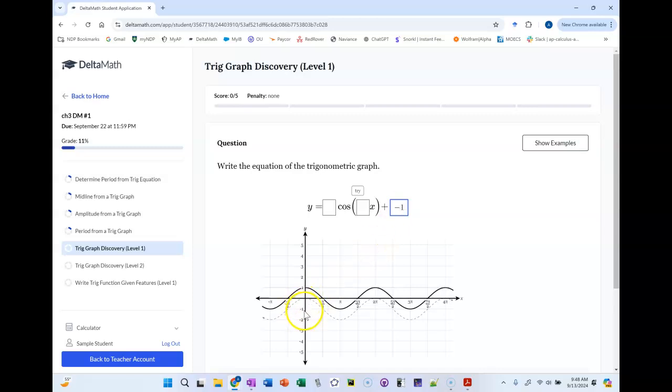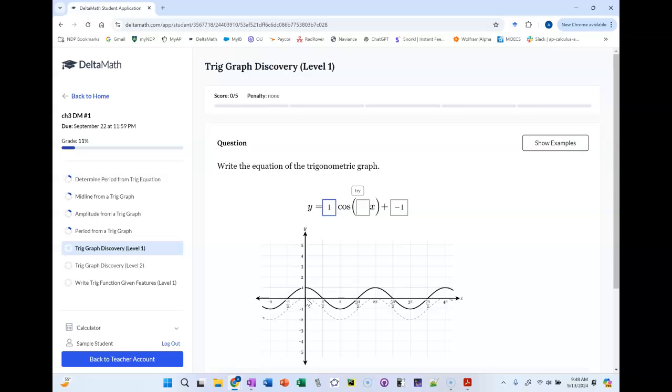The amplitude looks like we've gone 1 unit up from the midline right there. So the a is 1. Now I know it's +1 because if I look at the original cosine, it's not reversed. If this spot was a minimum instead of a maximum, I know it had to be negative. I'll just put a 1 there.